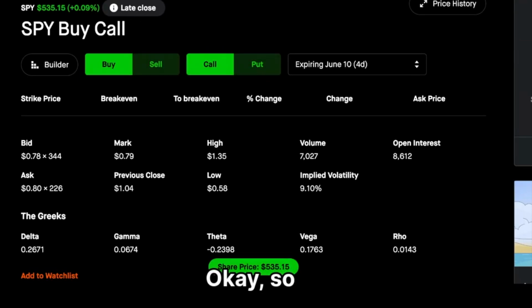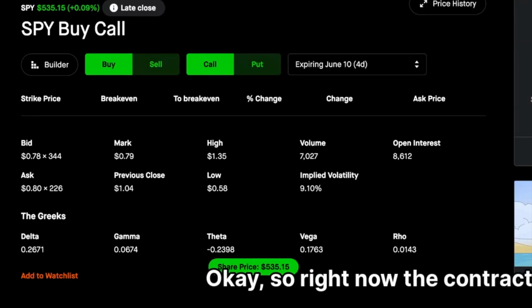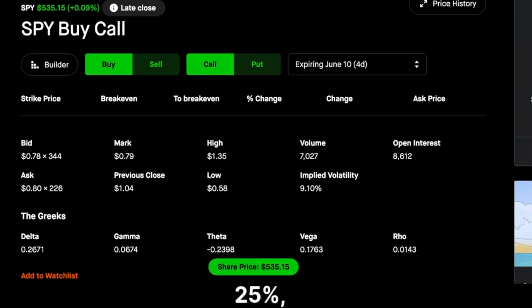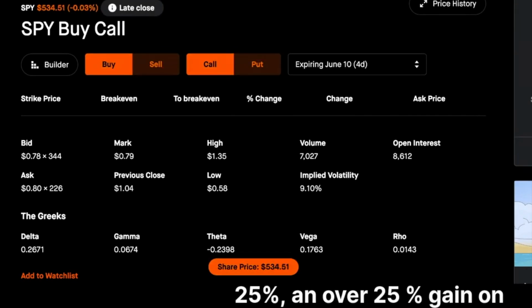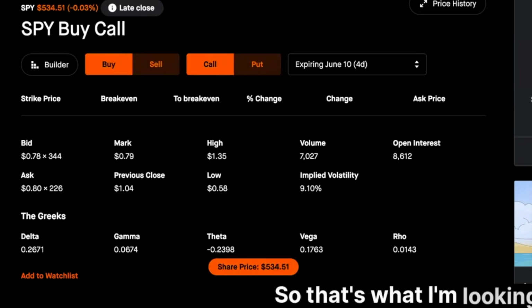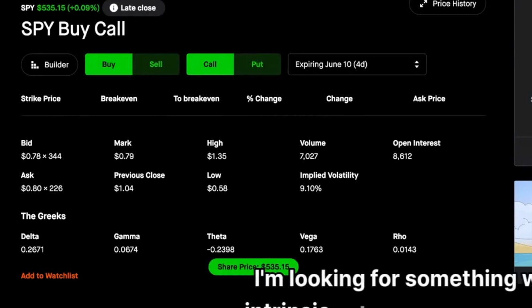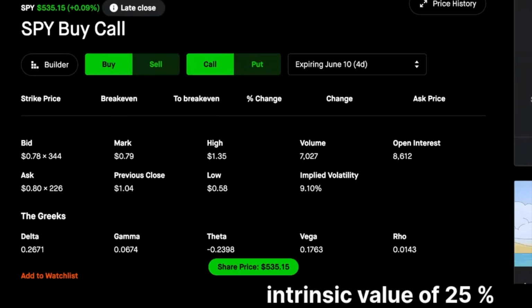So right now the contract is $80. And since delta is 26, that's basically over 25%, an over 25% gain on a $1 move. So that's what I'm looking for. I'm looking for something with a delta of 25% or more.